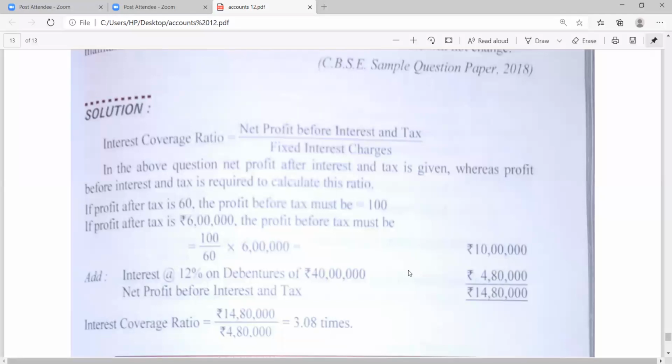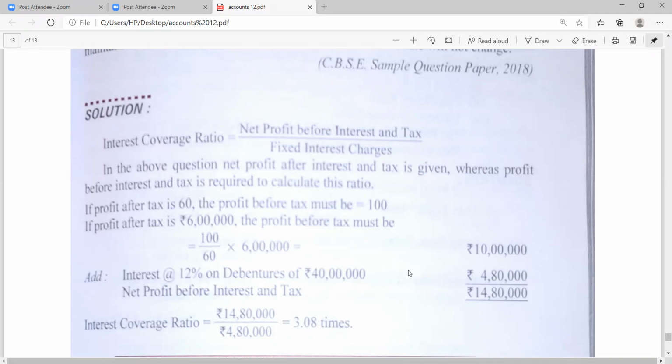So net profit before interest and tax will be 14 lakh 80,000. Now the interest coverage ratio will be 14 lakh 80,000 divided by 4 lakh 80,000. It will be 3.08 times.